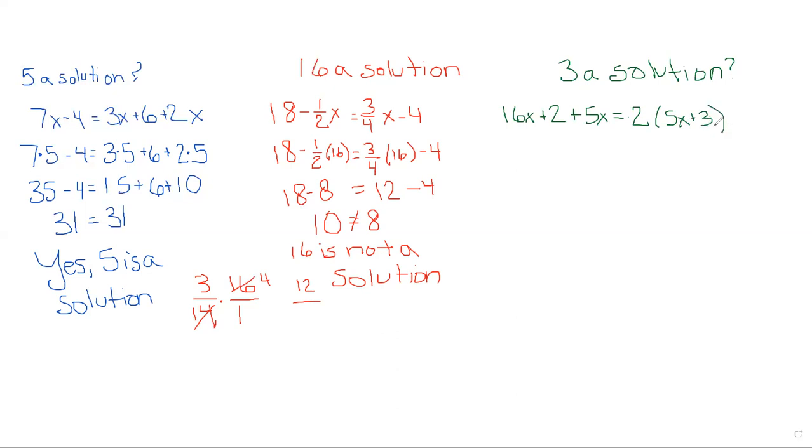So I could simplify all of this before I substitute in that 3, or I could substitute in the 3 off the bat. So I think I'm actually going to simplify it a little bit. 16x plus 5x is 21x. So 21x plus 2 equals, I'm going to do 2 times 5x is 10x. And 2 times 3 is 6.